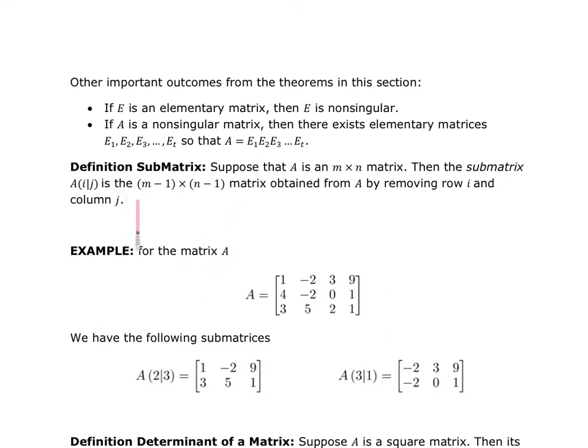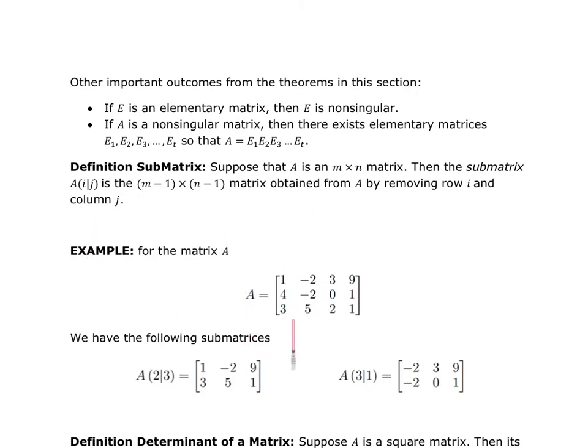So before we get into determinants, let's define what a submatrix is. Now suppose A is an n by n matrix, then the submatrix, and we're going to note it as A(i|j), is the (n-1) by (n-1) matrix obtained by removing row i and column j.